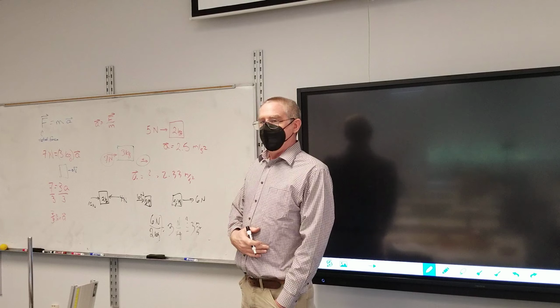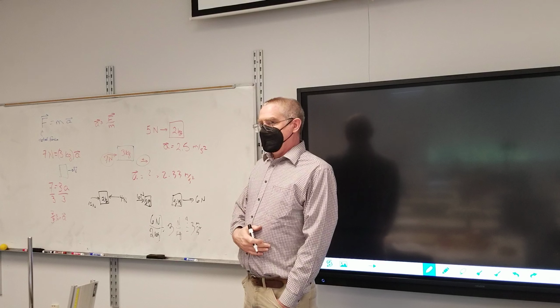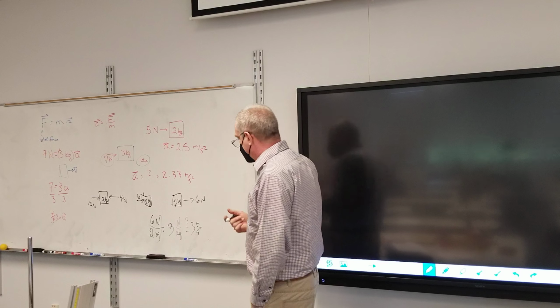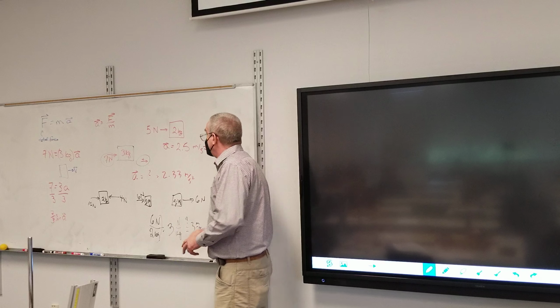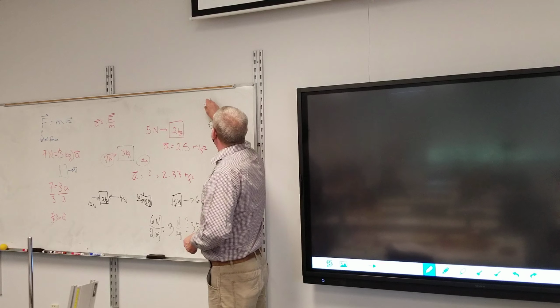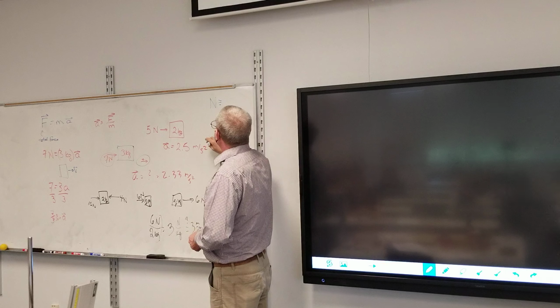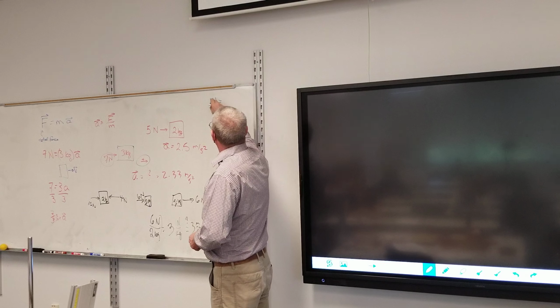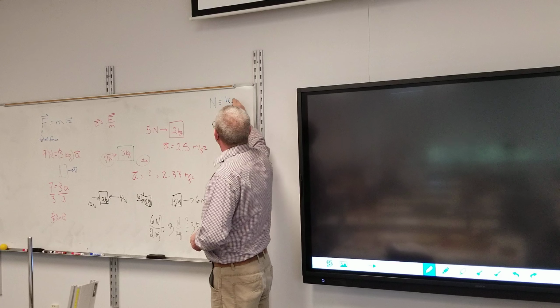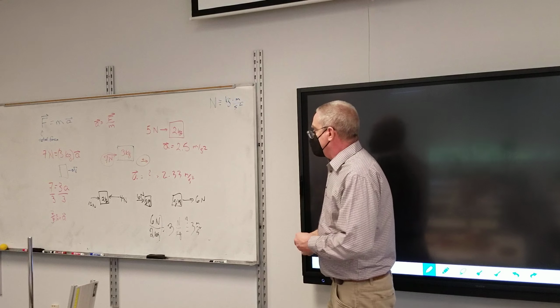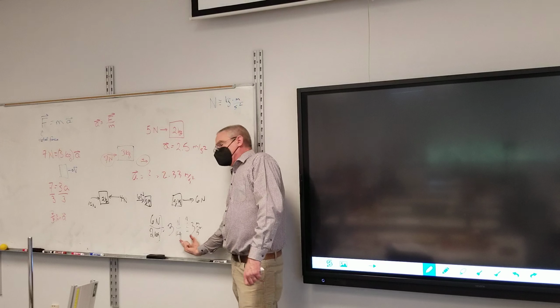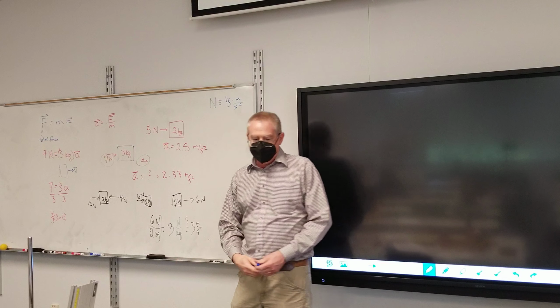A Newton equals a kilogram meter per second squared. Absolutely. And as I believe mentioned before, a Newton, by definition, is a kilogram times meter per second squared. So in terms of a quiz or test, either one, it doesn't matter.